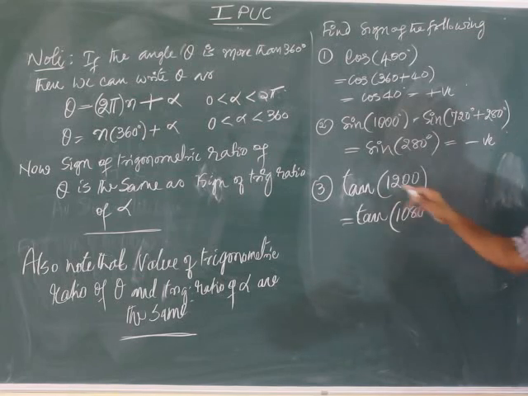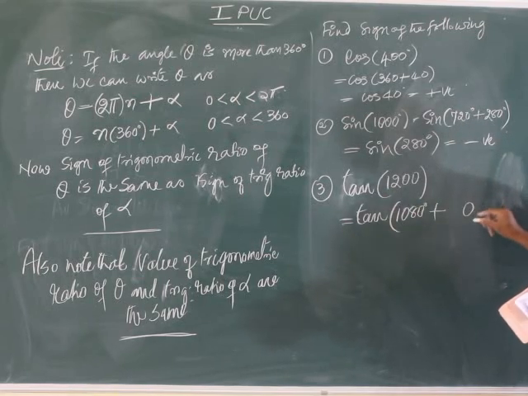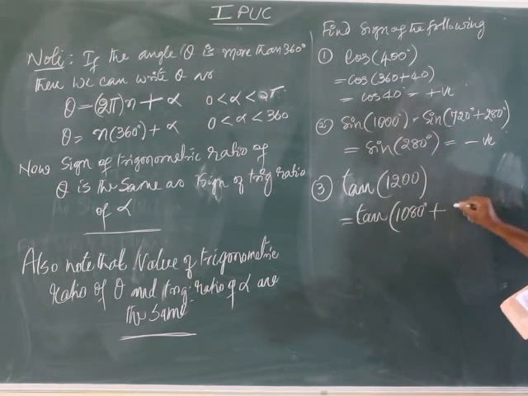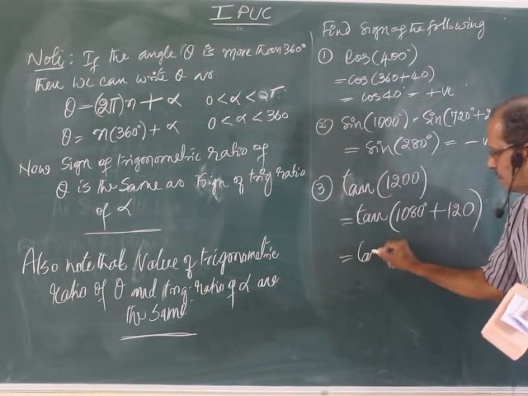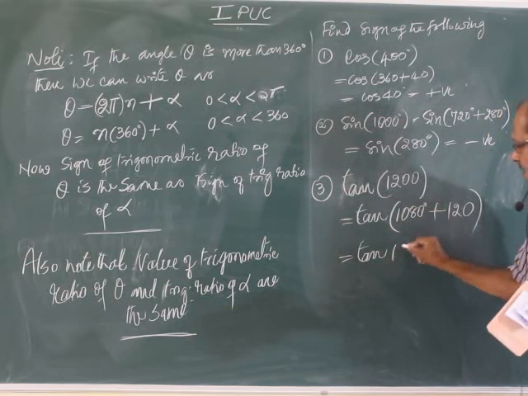Next, plus how much? 0, 9, 10 minus 8, 2, 1. Don't bother about this 1080.